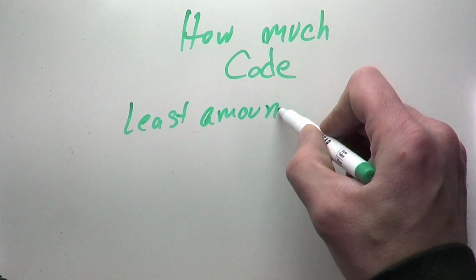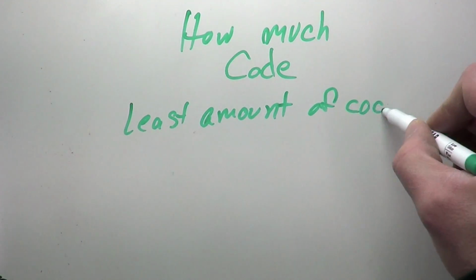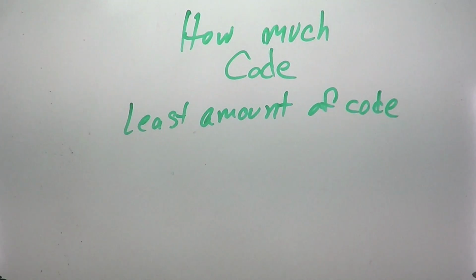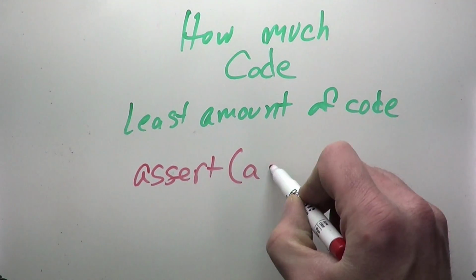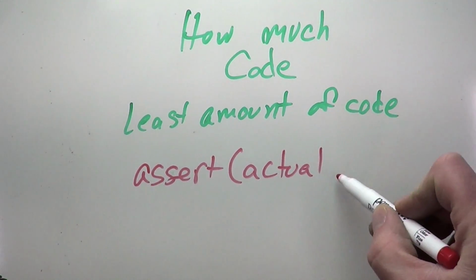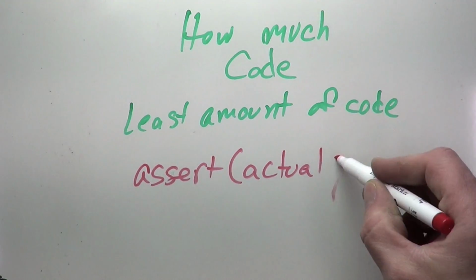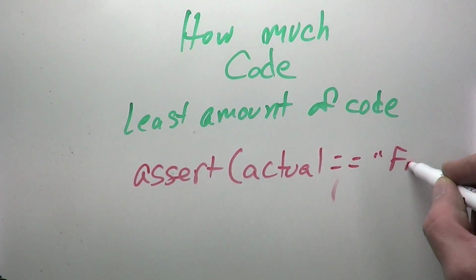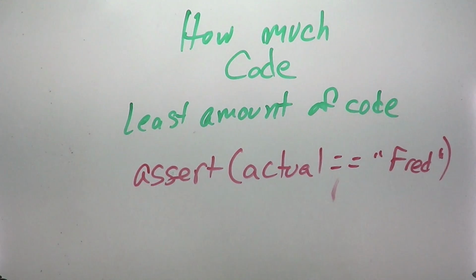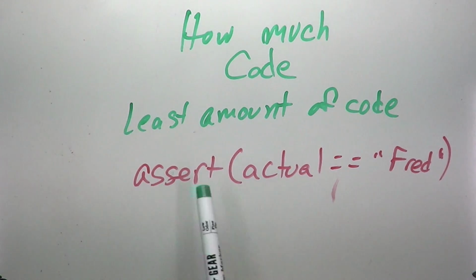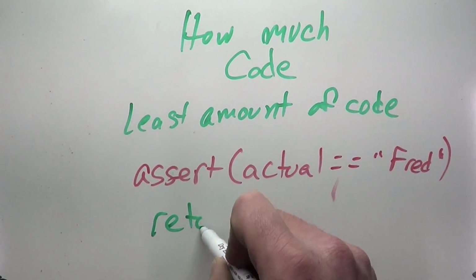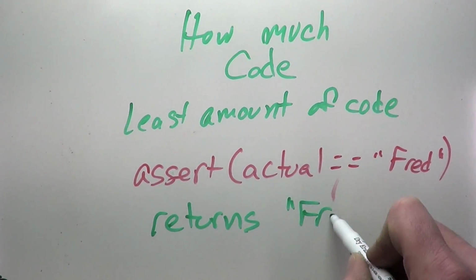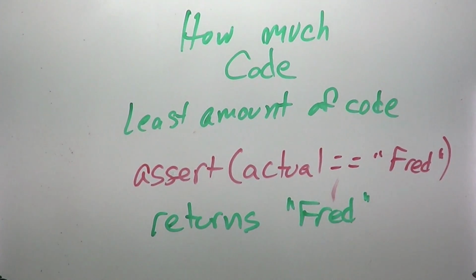But does that mean that if your test looks something like, assert actual equals Fred, right? That's the common thing to do for just testing out some legacy code, figure out what it does. If your test actually does that, should you just write your method so that it just returns Fred, right? That's the least amount of code to make that test pass.